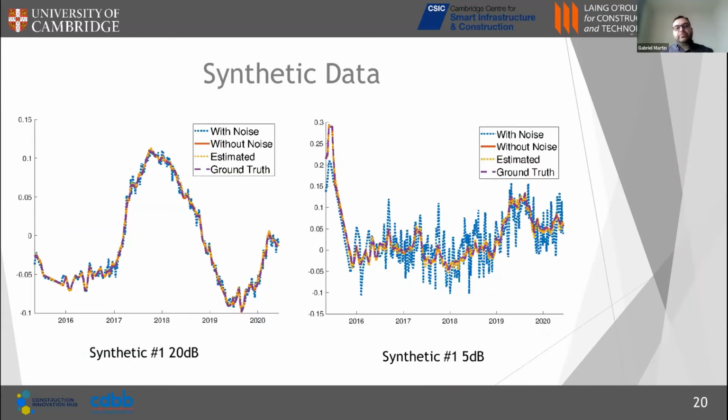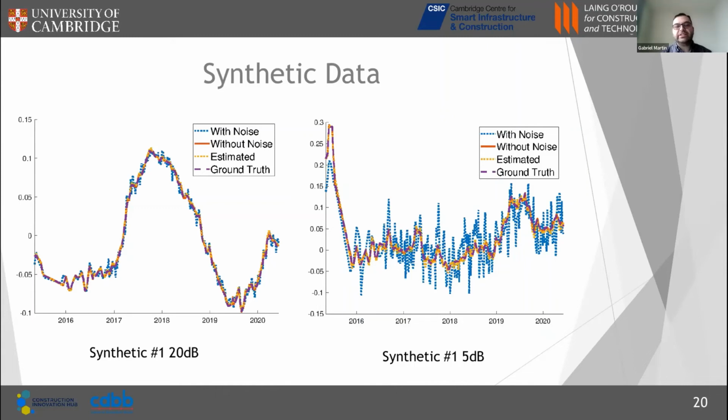So these are some results obtained in the case of synthetic dataset 1. In this case, as we mentioned, we have points which only contain one pattern. In this figure, in blue is the closest pixel to the pure pattern with noise.